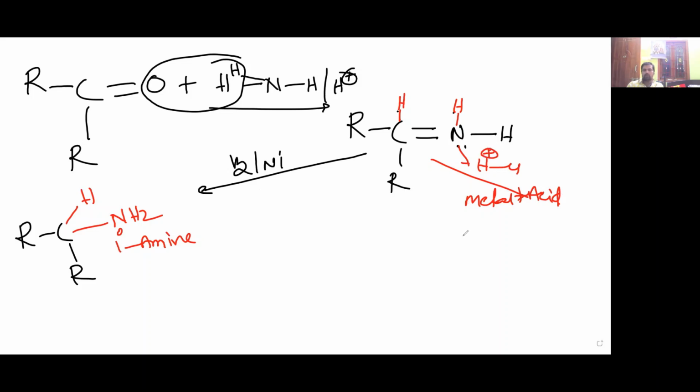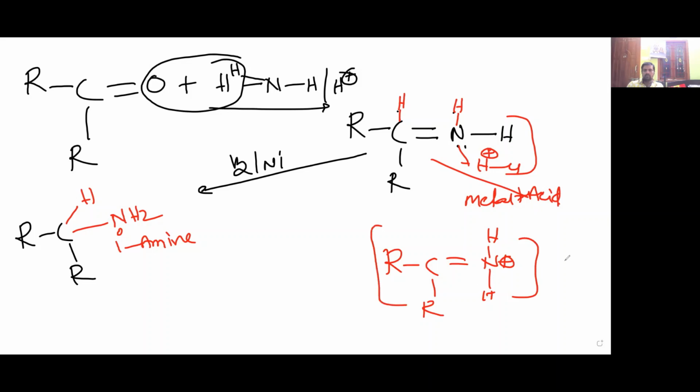Whenever it is protonated, it forms R double bond N protonated, giving NH2 plus Cl minus. That is the product formed if you add metal and acid. That's why we are not using any metal acid, but the remaining reagents are applicable. Just the two hydrogens are required, so for that purpose we added H2/Ni only. Very simple.